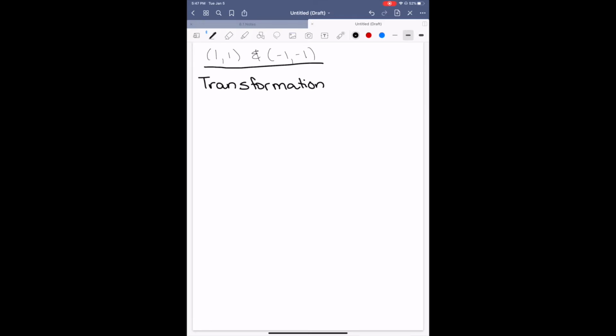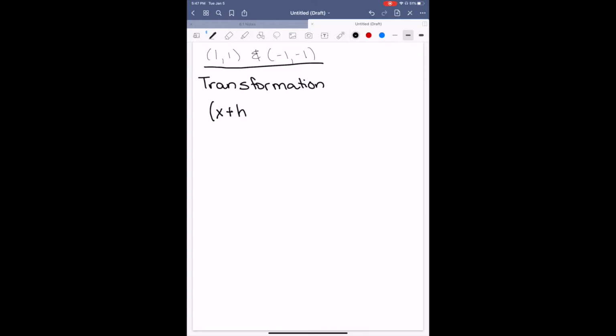Well, we know that h affects our graph horizontally, right? It's a horizontal translation. So we're going to take our x value and add h to it. I wrote down 1, but let me change that to an x because this will apply to both of our reference points.